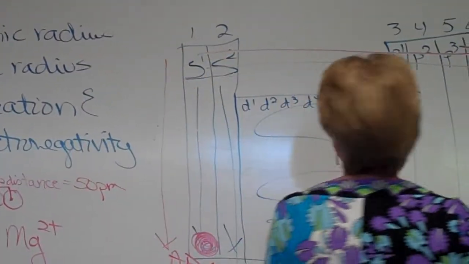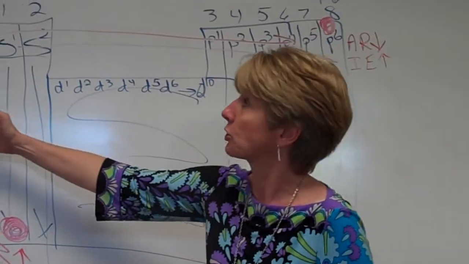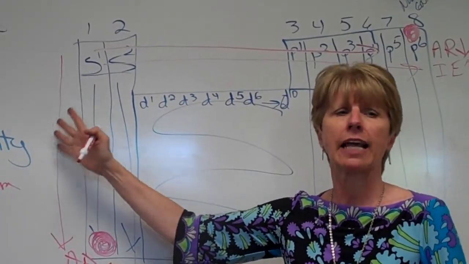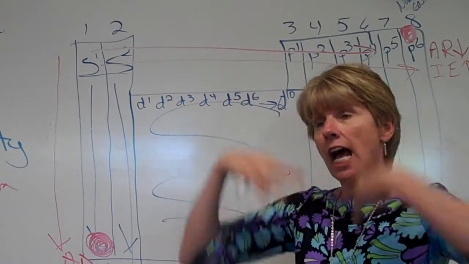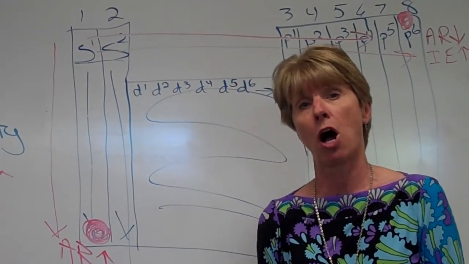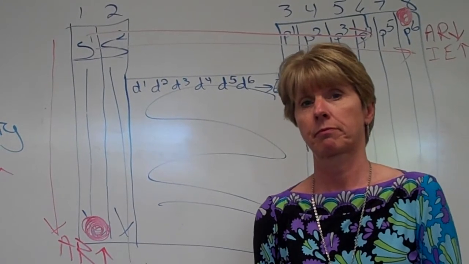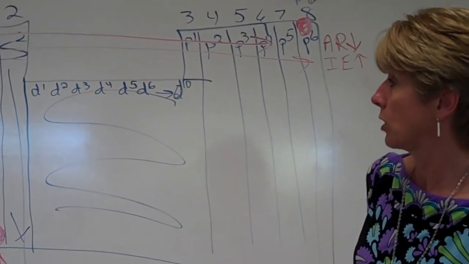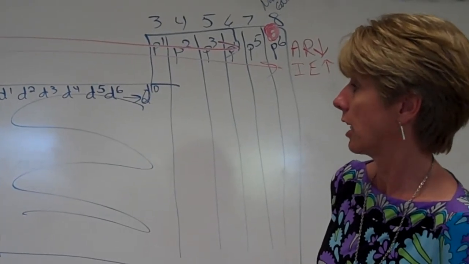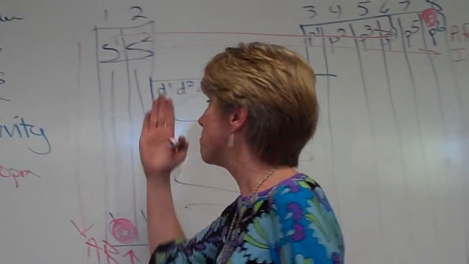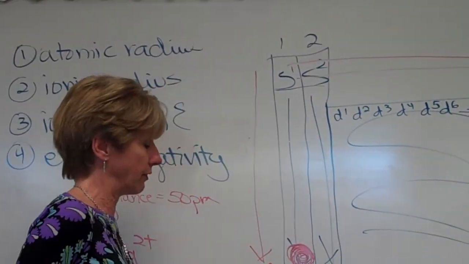Okay? Now let's do the last one, electronegativity. This is a measure of how much an atom wants to gain an electron or pull the electron closer to itself in a chemical bond. Okay? So here's the trend. The trend is this. Metals don't want to gain electrons, they want to lose them. Metals have low electronegativities.